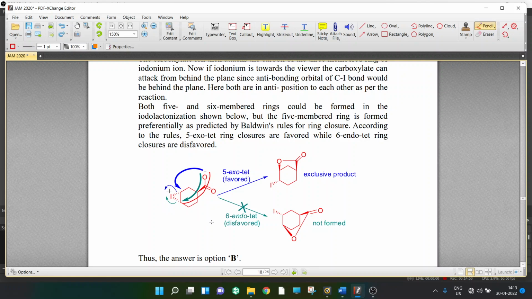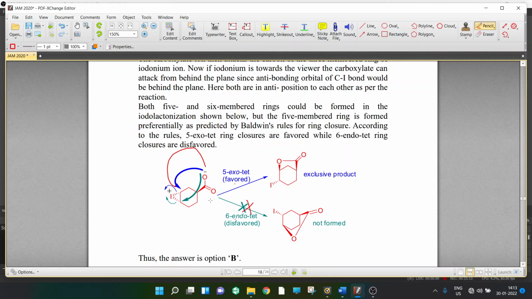Now endo is disfavored for both 5 membered and 6 membered rings, and therefore this attack will be favored. The blue one is favored and the green one is disfavored, because it is 6 endo tet, whereas 5 exo tet is favored.